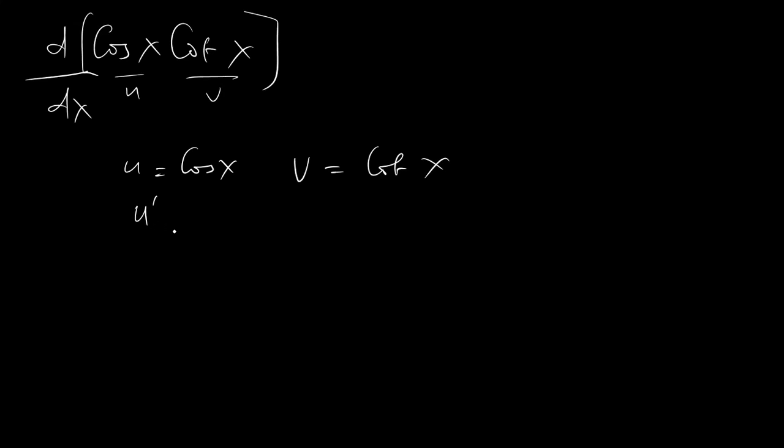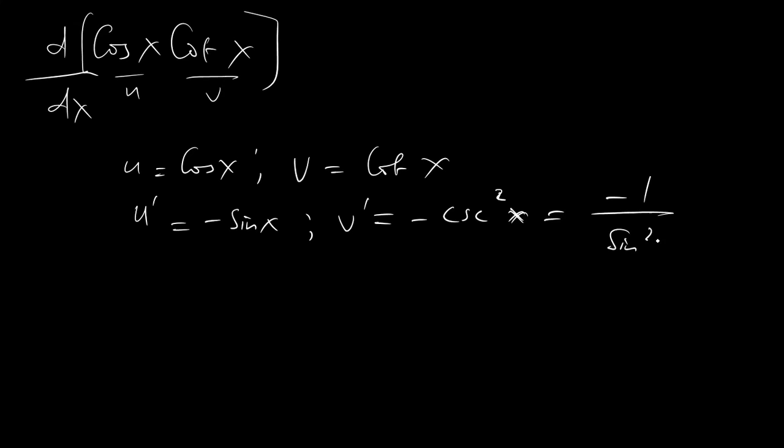The derivative of u, which is u prime with respect to x, is minus sine x. The derivative v prime will be minus cosec square x, which is the same thing as minus 1 all over sine square x.